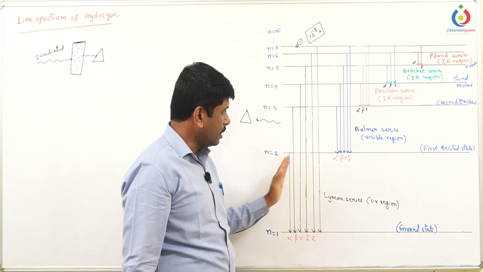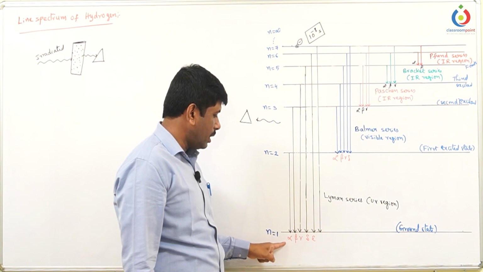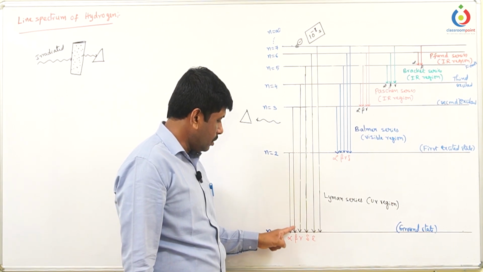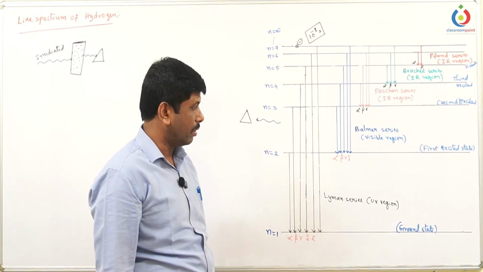Now, in any series, the first line is always known as the alpha line, the second line is the beta line, the third line is the gamma line, then delta, epsilon, and so on.